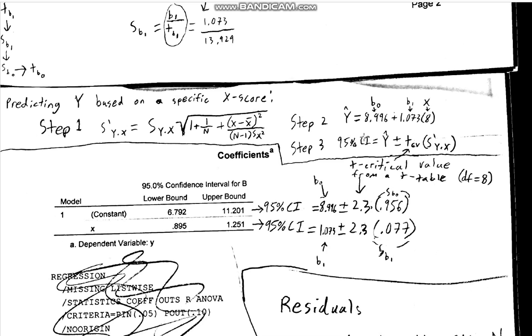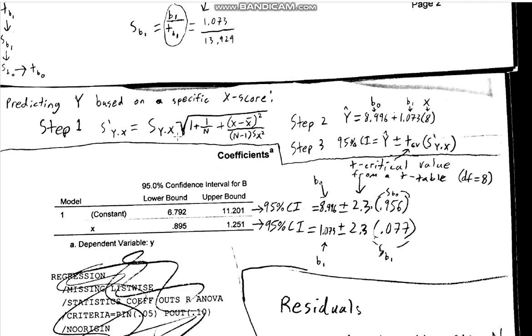And then you construct a range where you think 95% of their scores would fall, around this number that you just got. So the 95% confidence interval equals the predicted y plus or minus, again, this t critical value, so it'd be 2.3 again, times the standard error of the prediction that we just got here.